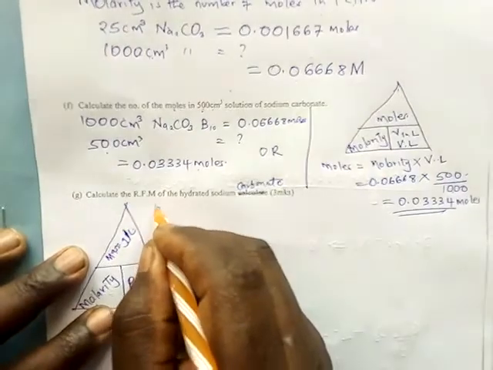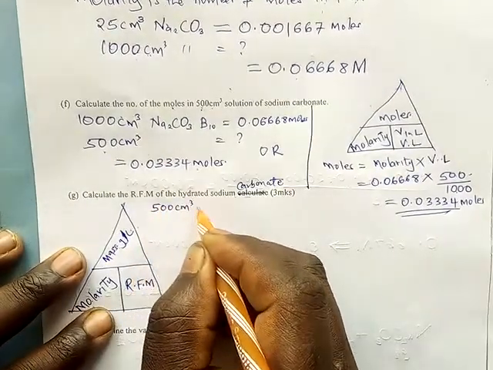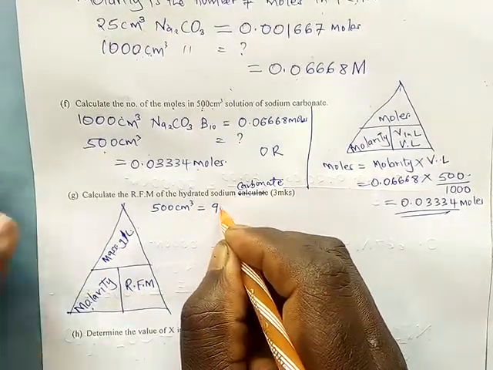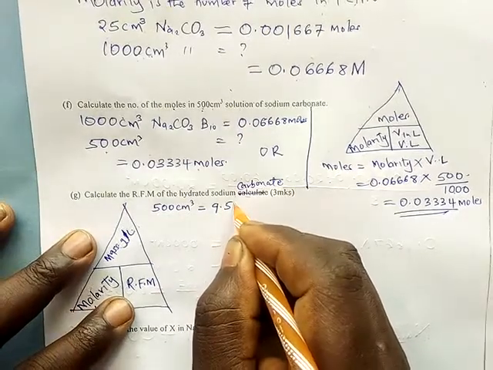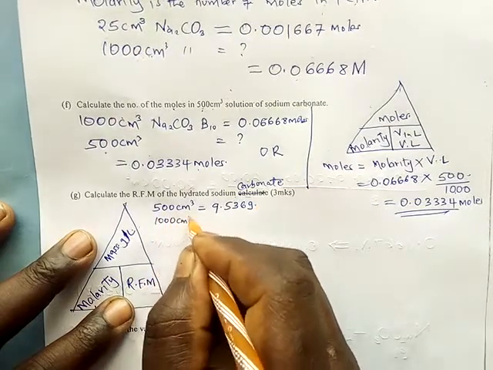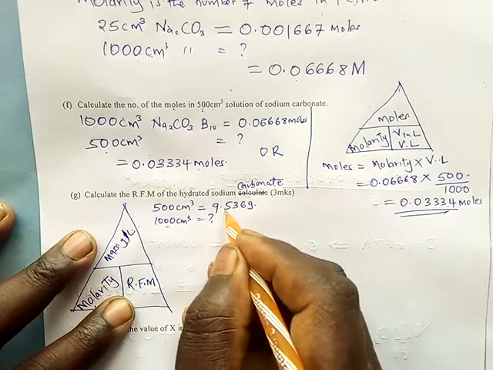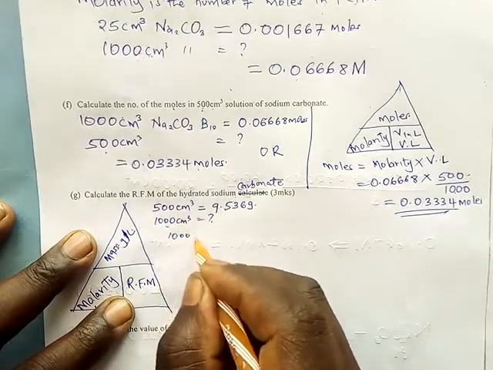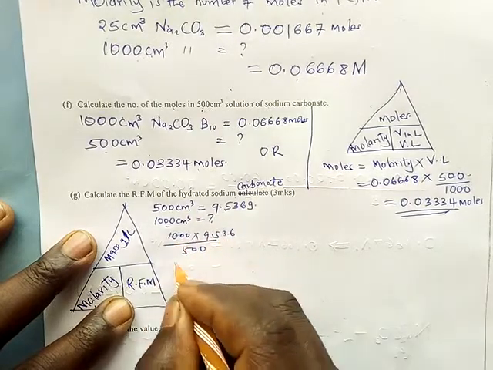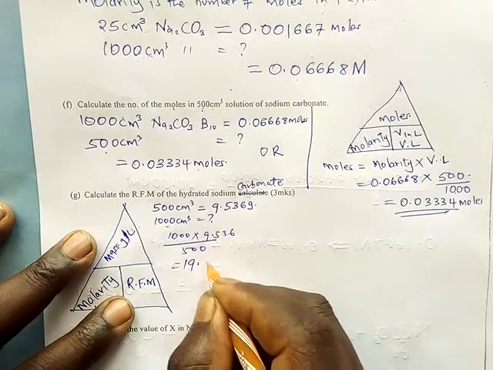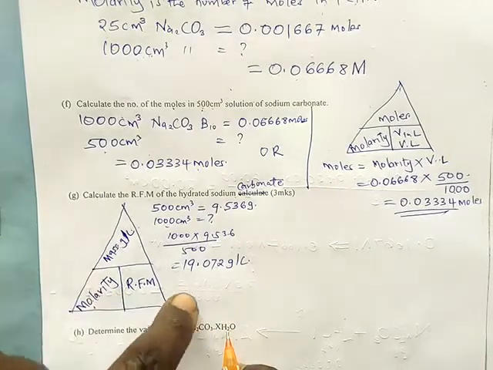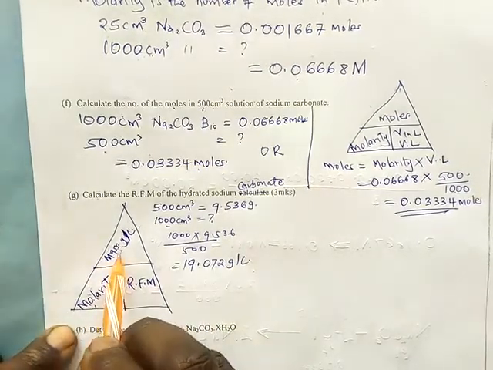So we say that 500 centimeters cube was prepared by using the mass, which was 9.536 grams. So 1,000, which is a liter, what will be the mass? So it is this times this divided by this, which is 1,000 times 9.536 over 500. This one goes here once, and it will give you 19.072 grams per liter. Now we have the mass in grams per liter, which is required by the formula.